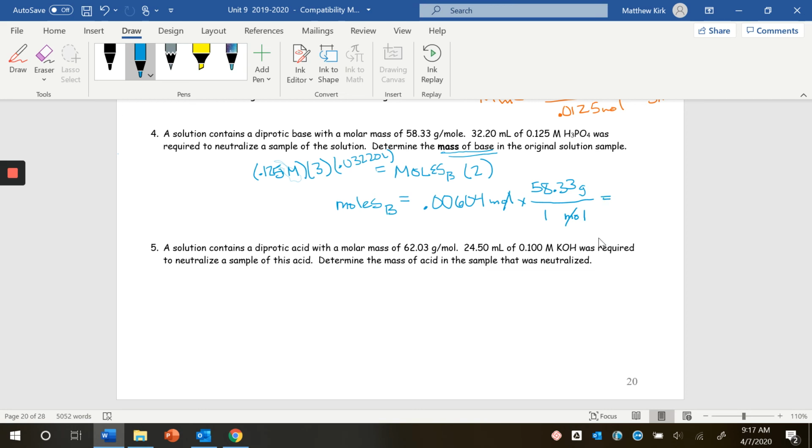So 0.00604 times 58.33, and I get my final answer of 0.353 grams. Oh, no, maybe 0.352. I was not looking at the right number. So 0.352 grams.